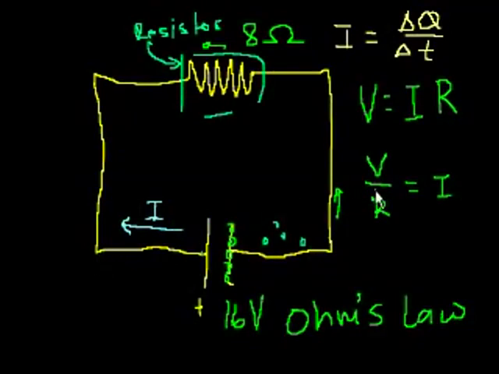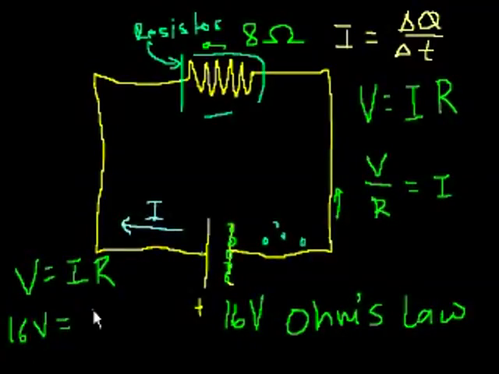Well, it's fairly straightforward. We say Ohm's law, V equals IR. Voltage is 16 volts, and it equals the current times the resistance, times 8 ohms.